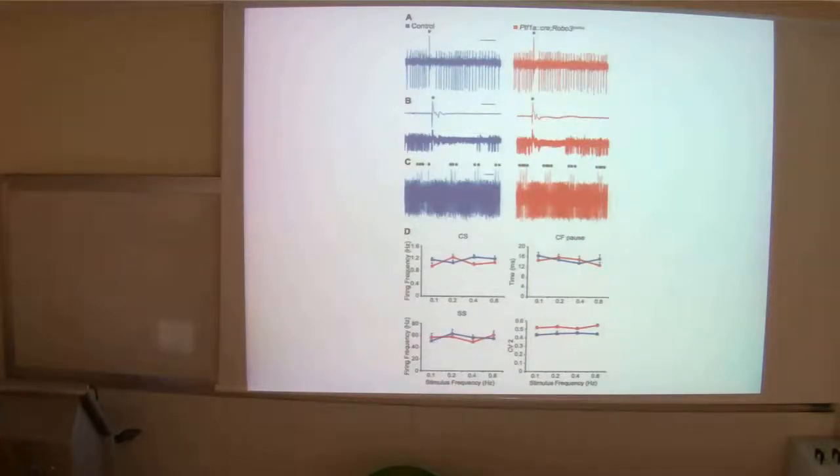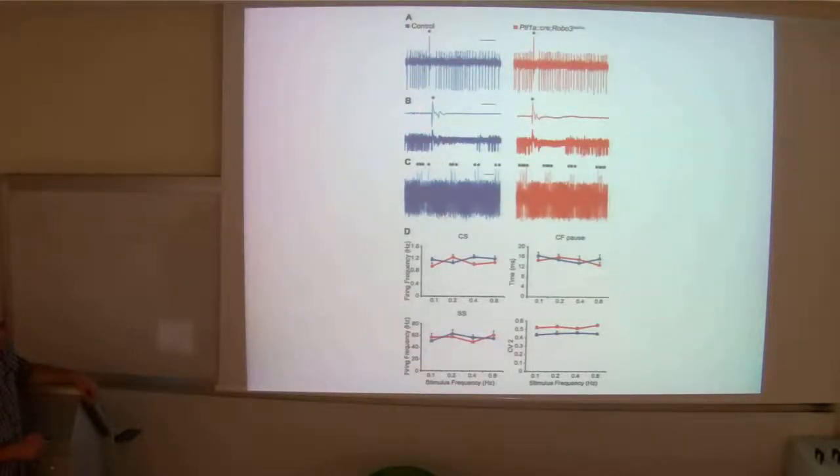This is another supplementary figure. Okay, let's skip that. That's basically just to show you, but you've seen it now in the papers that were presented. They can actually see complex spikes extracellularly. So this would be a complex spike, and this would be the simple spikes.